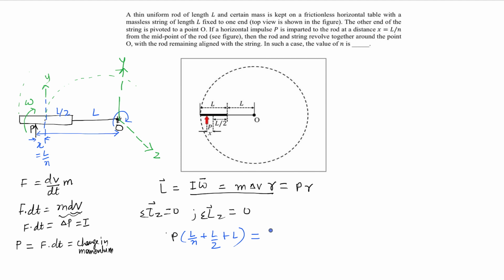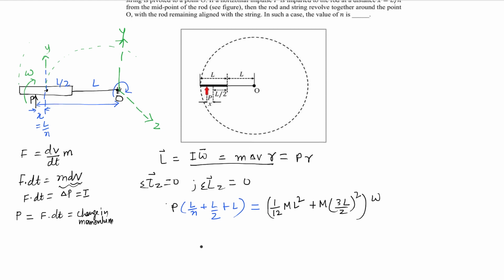So what is I here? 1 by 12 ml square, plus m, taken at point O, where the distance is L by 2 plus L, so 3L by 2, squared, into omega.